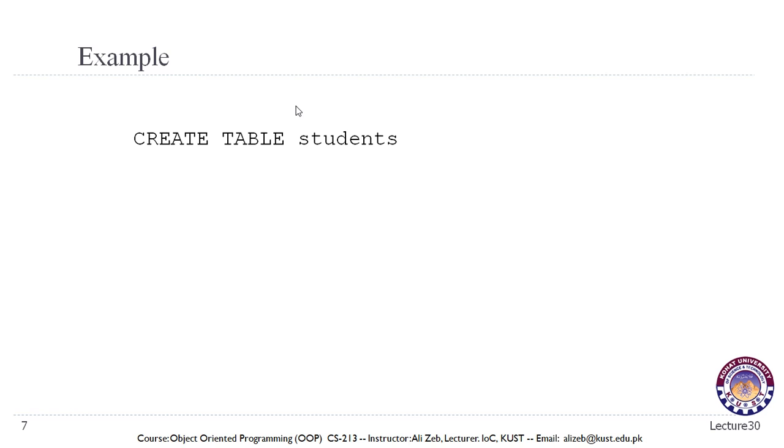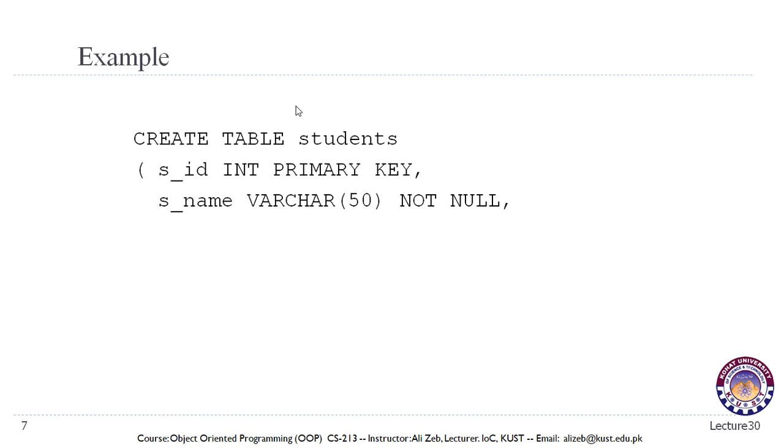An example of a query can be create table students. SID is the name of the column, int is the data type, and it is a primary key. Name may be the name of the student, varchar is the data type of the column, and 50 is the size of the column, and not null is the constraint that we put on this column.